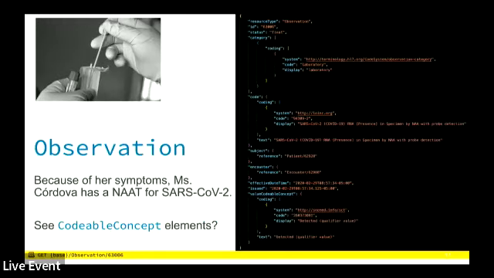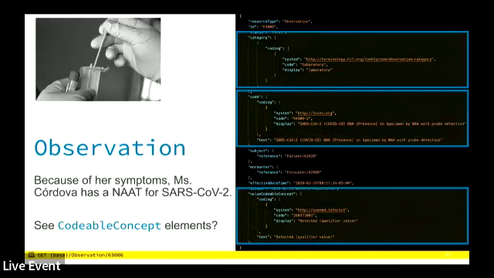For our patient, because of the symptoms that she's having, let's look at one other example. So probably she will have some kind of SARS-CoV-2 test given her current state. And here we're saying that she's going to have a NAT test. And so that test result would be represented in FHIR using the observation resource. And if we take a look inside of that observation resource, which kinds of data elements would we find codable concepts, we see quite a number of them.